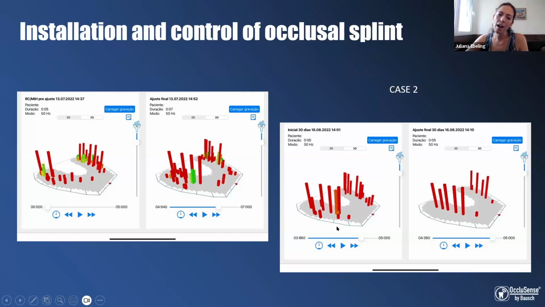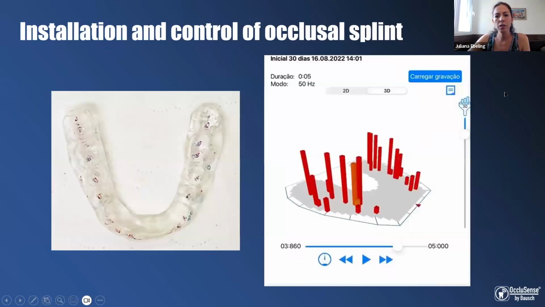Look that I have a much better distribution of contacts only because I took care of the muscles. And here is the final adjustment where I don't have extra contacts. Normally we use lower occlusal splints, and this distribution is what we look for.